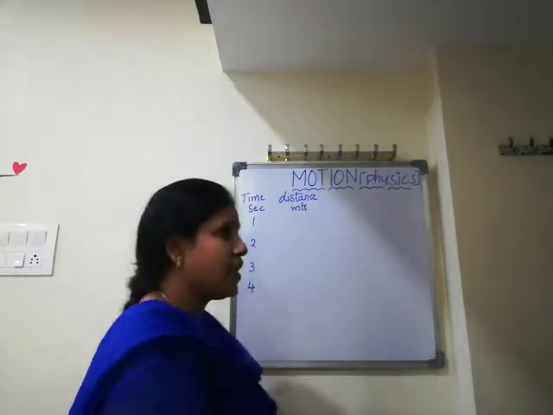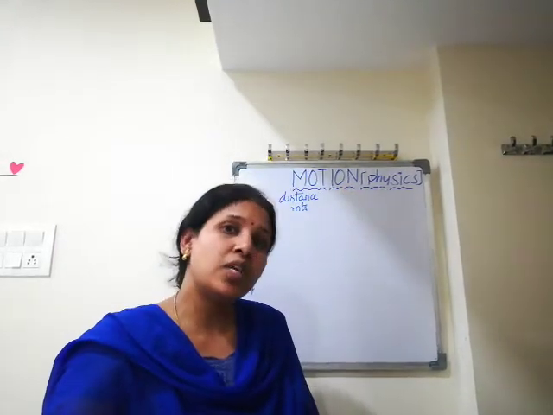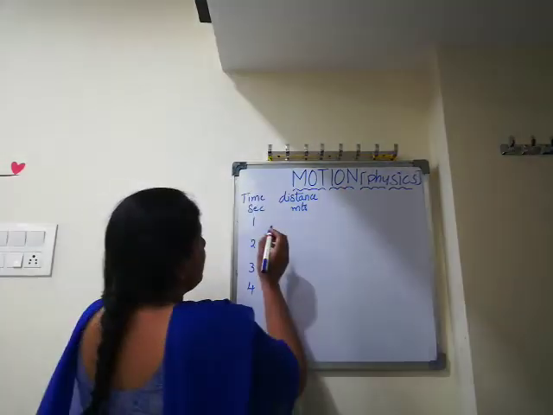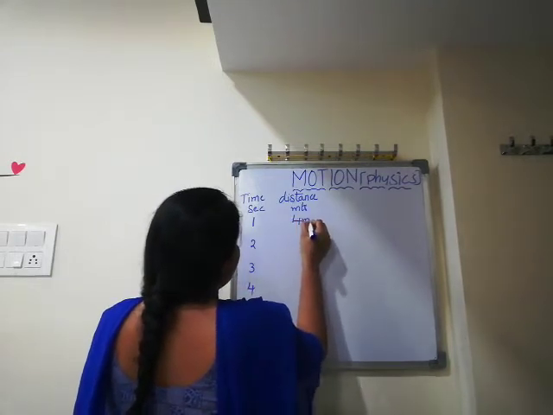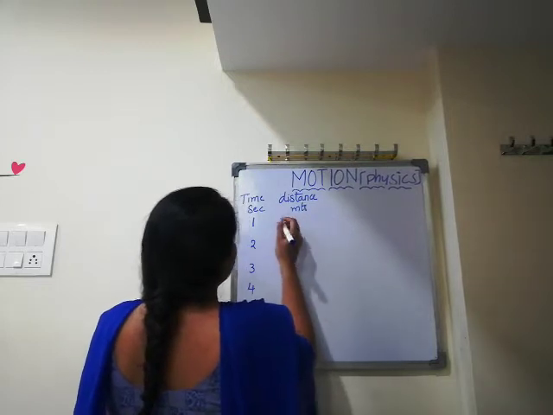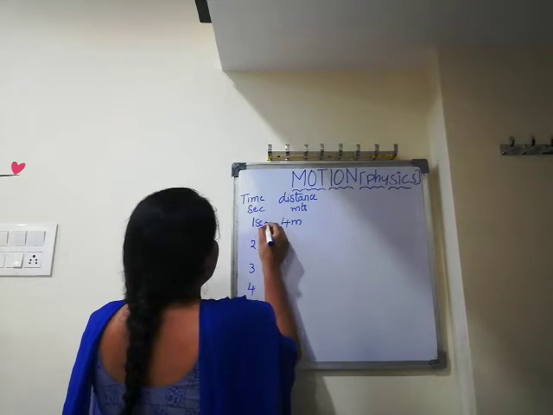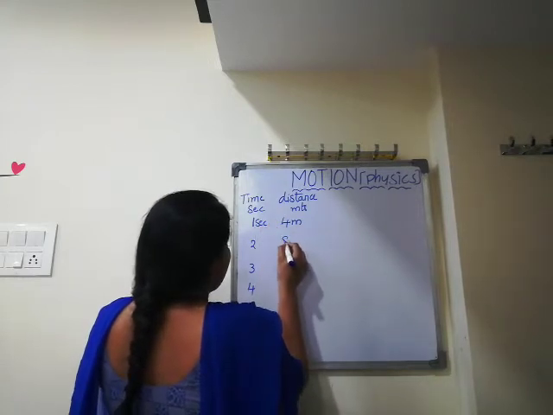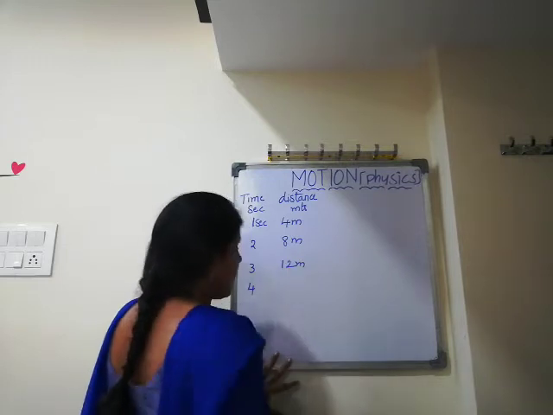Total time taken by an object is 4 seconds to cover 16 meters. For every 1 second, the object covers 4 meters. This we discussed in the last class. 4 meters, 8 meters, 12 meters, third second.